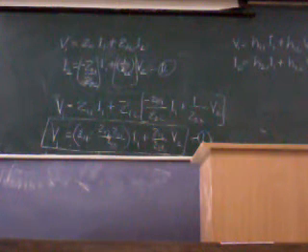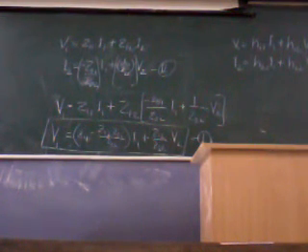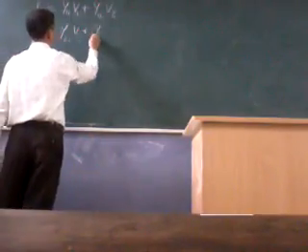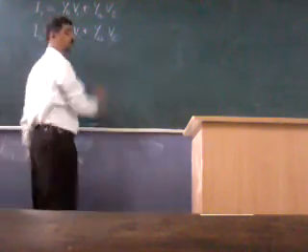You can pause. Now we derive the relation between Y and ABCD parameters, which we have not done. So Y parameters and ABCD parameters. We want to convert this way.